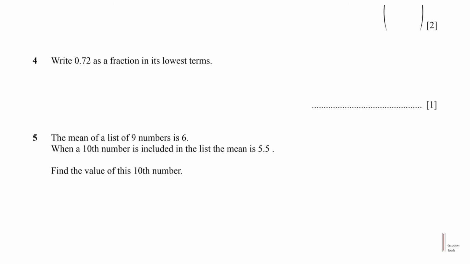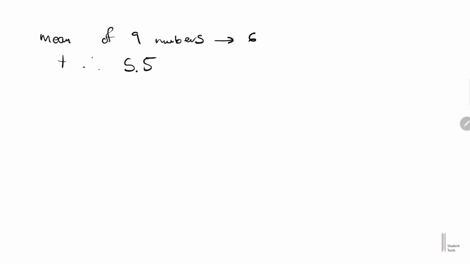Okay, so let us focus on the mean of the 9 numbers. So we're told that there are 9 values in a data set. And then the mean of those numbers is equal to a 6. So how do we get the mean or the average? We get a mean by adding all the values in the data set.